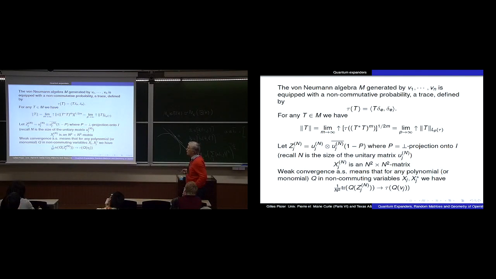Never mind. So Q is an arbitrary polynomial, but of course it's non-commutative probability, so non-commutative variables, and we don't want to restrict to analytic, so we also allow anti-analytic. So these polynomials are polynomials in x_j and x_j star. And weak convergence just is, by definition, this convergence whenever Q is a monomial.